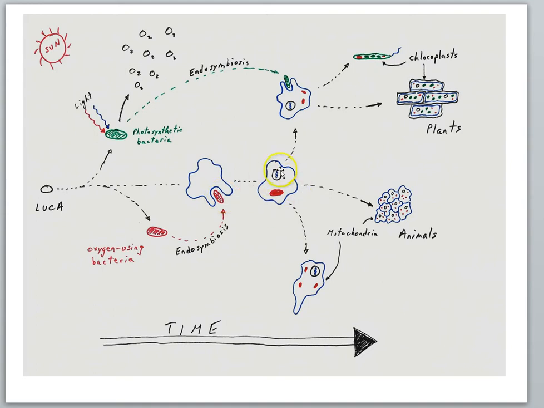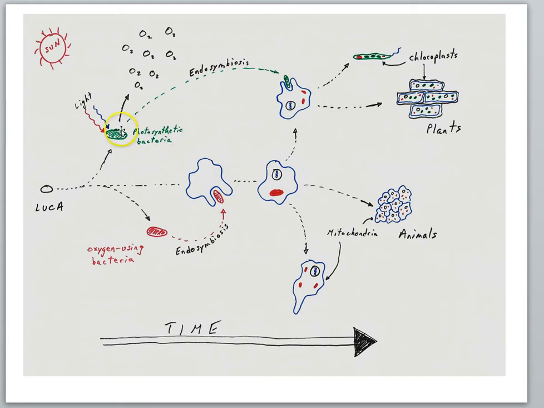And so we see here the cell has also evolved a nucleus, but it's going to go on to evolve into single-celled organisms like amoeba down here, and then multi-celled animals. All animal cells have a nucleus, and they have mitochondria. The mitochondria today is the descendant of a free-living oxygen-using bacteria that was internalized in a process called endosymbiosis.